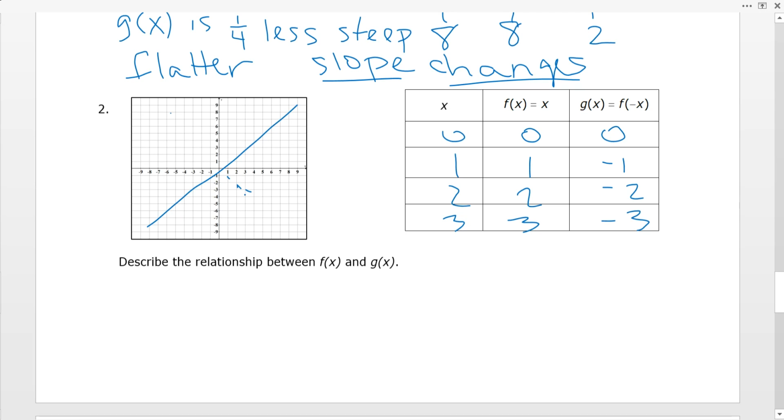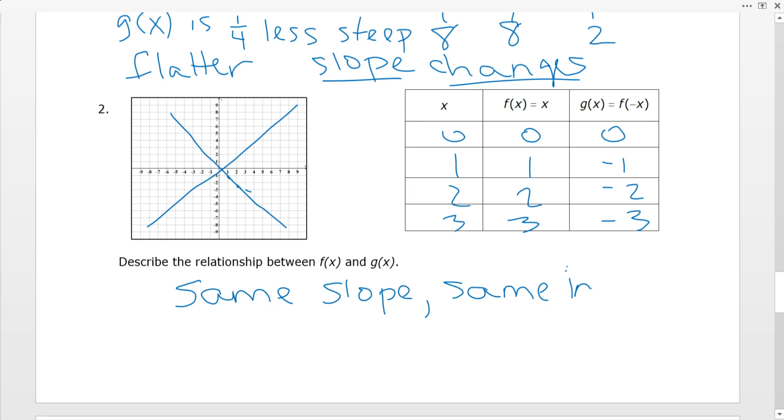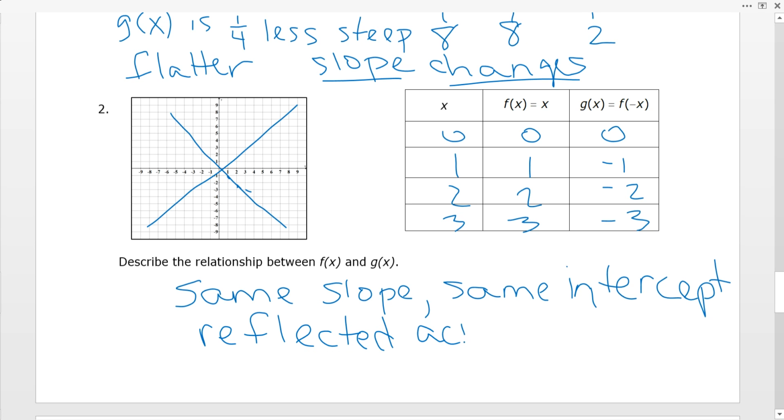So my line's basically going to have the same slope, same intercept, it's reflected across the y-axis.